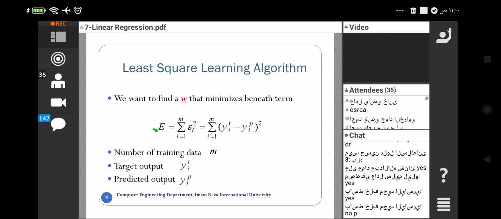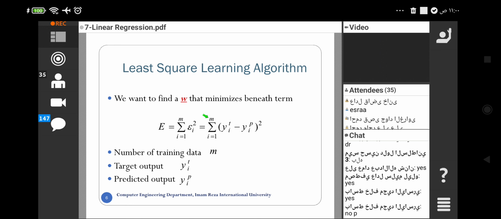The error is the difference between the target and the prediction. T means target, p is the prediction. In this summation, we go from i equal to 1 to m, where m is the number of training data that we have.